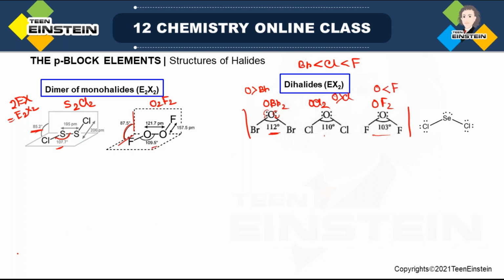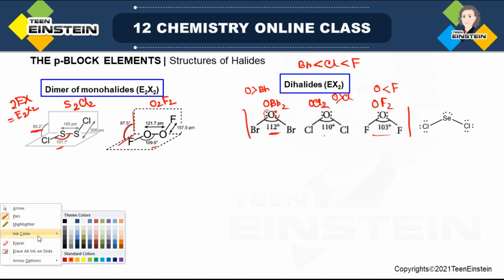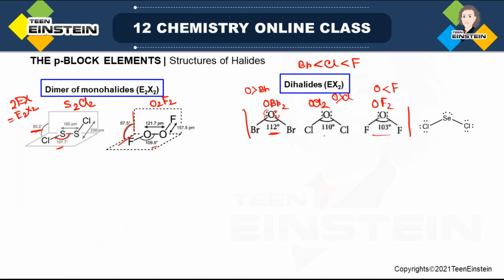That means in the last molecule, the bond pair electrons between oxygen and fluorine will be closer towards fluorine. But in the first two compounds, they will be closer towards oxygen. And in case of the second one also, it is just like that.